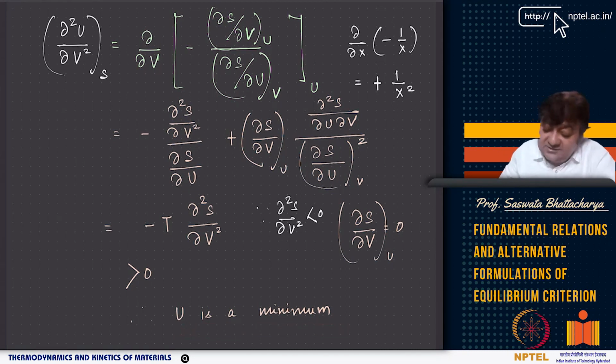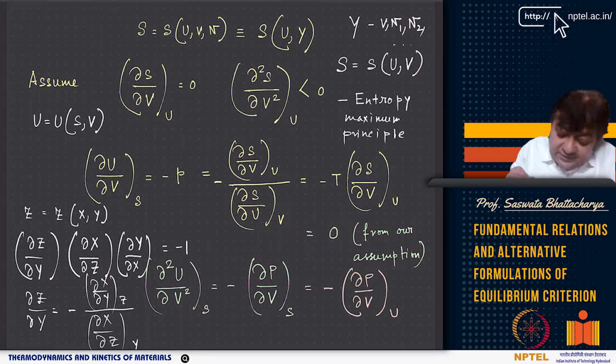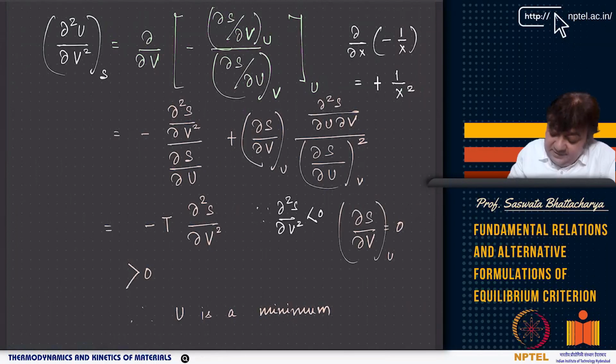So basically we have proved two conditions here. Given del S del V at constant U equal to 0 and del 2S del V square less than 0 for a fixed energy, it implies that for a given entropy, the partial derivative of U with respect to V is equal to 0, and del 2U del V square for a fixed entropy is greater than 0.